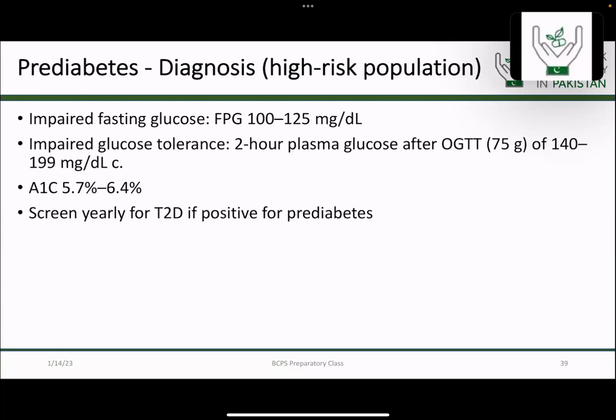And impaired glucose tolerance, 2 hours plasma glucose after 75 gram of oral glucose, is 140 to 199 mg per deciliter, and HbA1c is between 5.7 to 6.4%. Then we can say that this patient is pre-diabetic. And because this patient could progress to diabetes, yearly screening is very important. You screen such pre-diabetic patients at least yearly to see if the patient has progressed into type 2 diabetes or not.